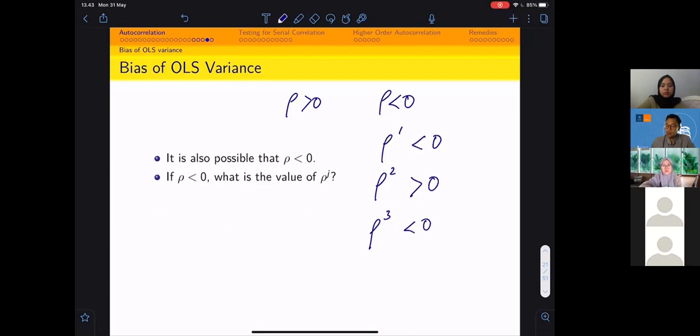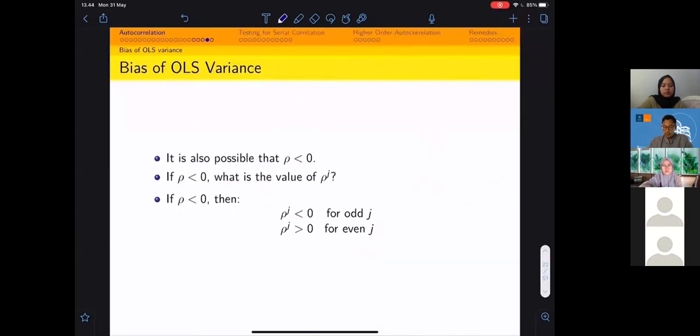So if rho is negative, it's very difficult for us to determine whether the bias is going to be positive or negative. Again, in this particular case, it's really hard for us to pin down.